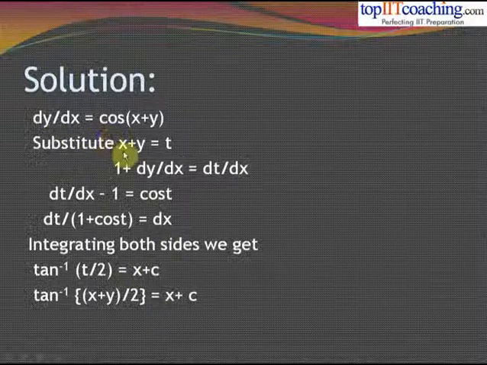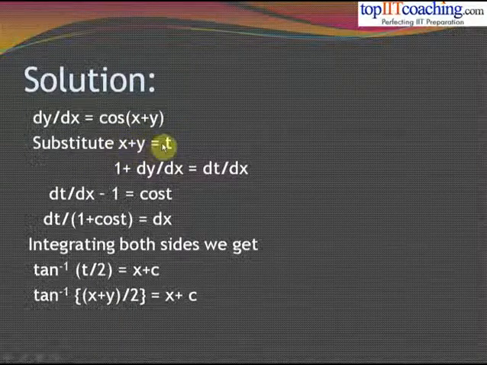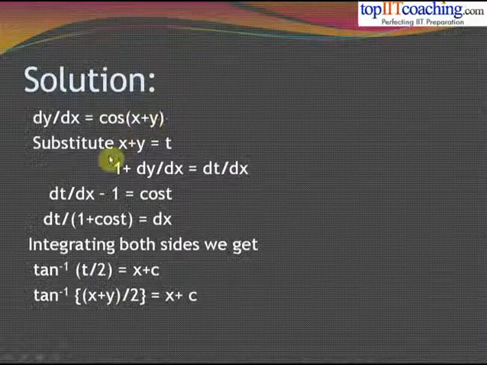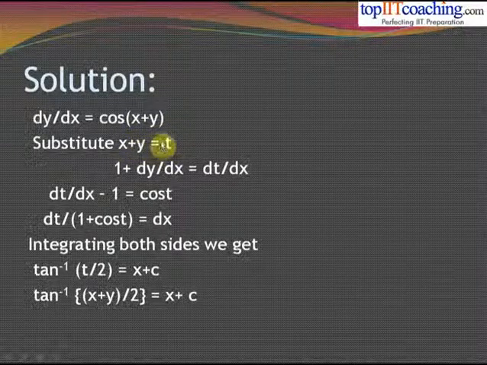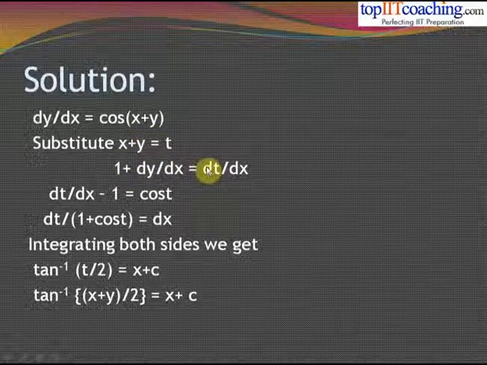Let us substitute x plus y equal to t. So this is a function of x and y, and thus we substitute x plus y equal to t. Now differentiating both sides, we get 1 plus dy by dx equal to dt by dx. So this equation reduces to dt by dx minus 1 is equal to cos of t. Now we can say that this can be easily solved by variable separable method.